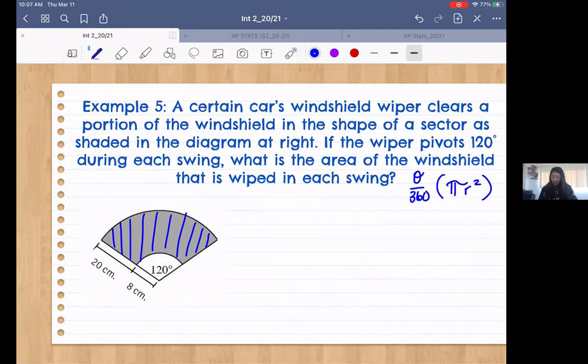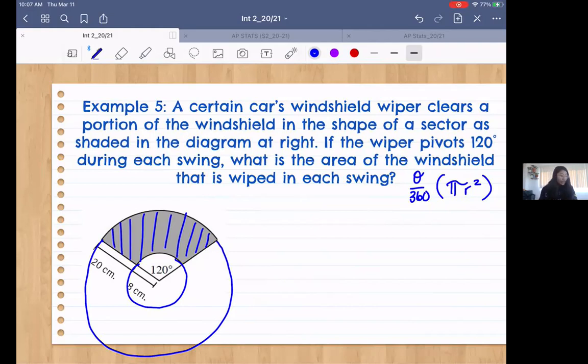Okay, so notice that in this image, we don't have the whole entire sector. Notice that a piece of the sector is actually not included. So how are we going to do something like this? What you should notice is that this is actually a part of two circles. So we have one big circle on the outside here, and then one little circle on the inside here. So if we figure out what one portion is and then subtract it from the other portion, that will give us our final answer.